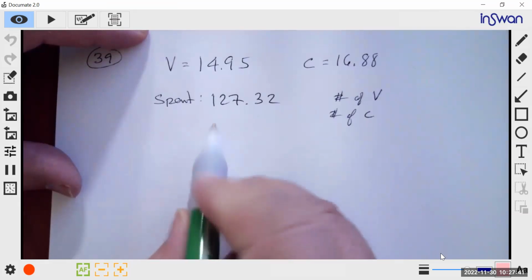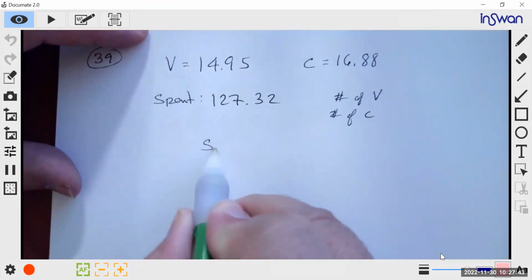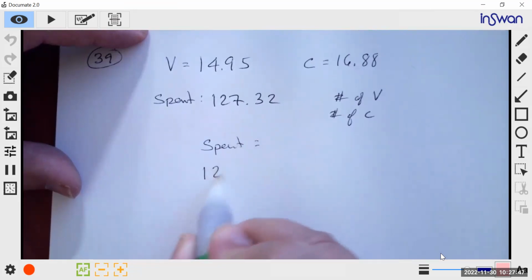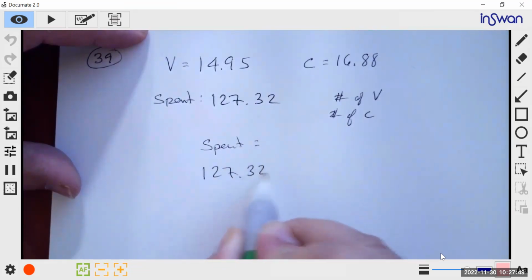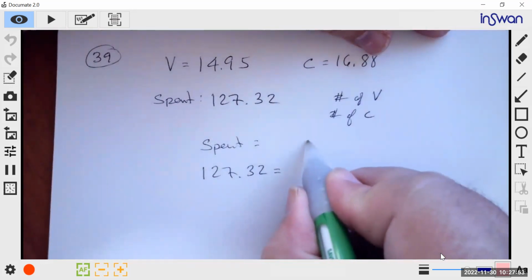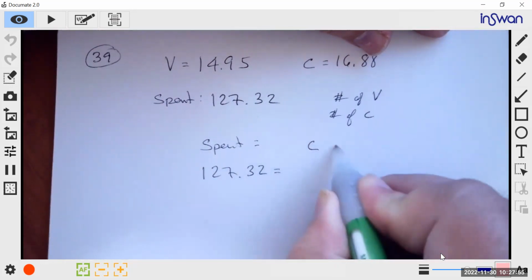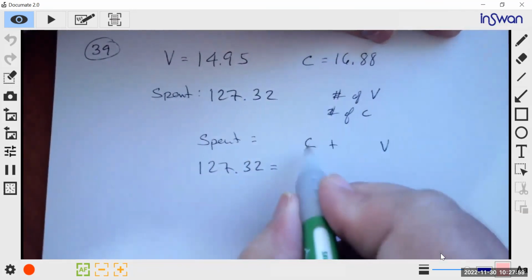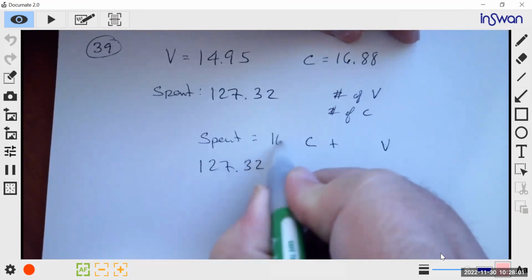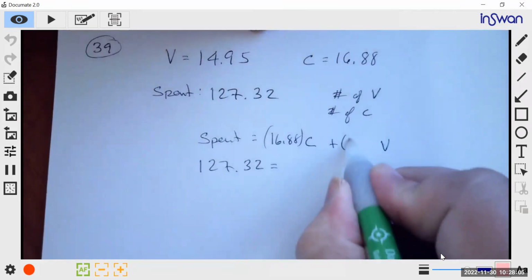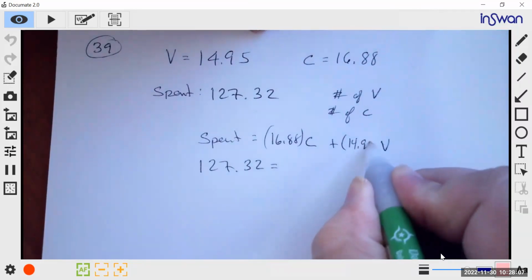So we know that she spent $127.32. That came from buying CDs or videos. The CDs cost $16.88 and the videos $14.95.